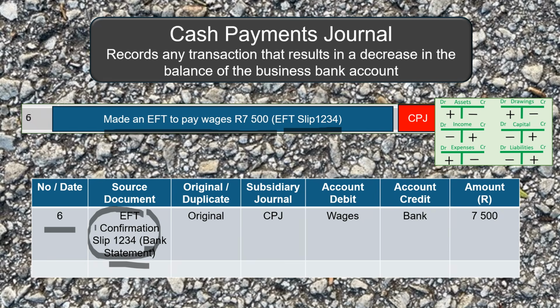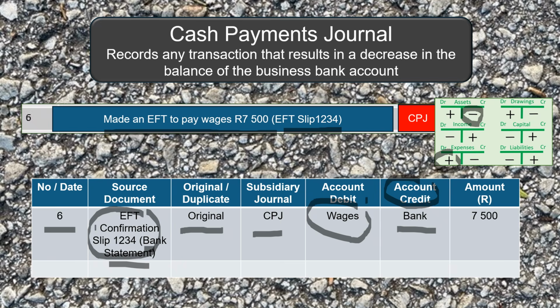Okay, this EFT confirmation slip is the original. The bank balance has decreased. It's going to go into the cash payments journal. The two accounts involved: wages and expense. Increase in expense, the rule says, account gets debited. Our bank balance decreased. Account credit, bank. Why did we credit bank?